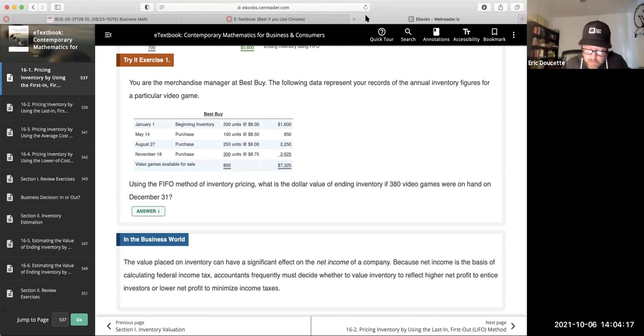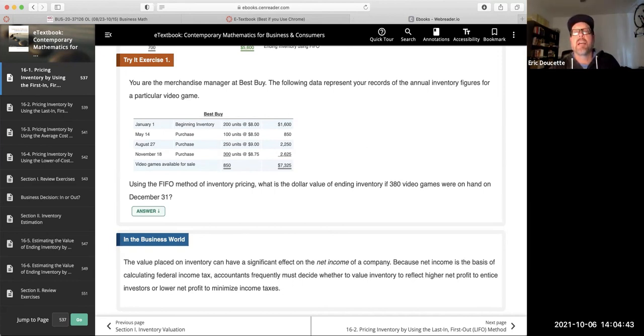So it already gives us the total, right? The total is $7,325 in inventory, right? And we had a total of 850. So what we're going to do is divide the 7,325 divided by 850, and that's going to give us an average price or cost for each of those items.